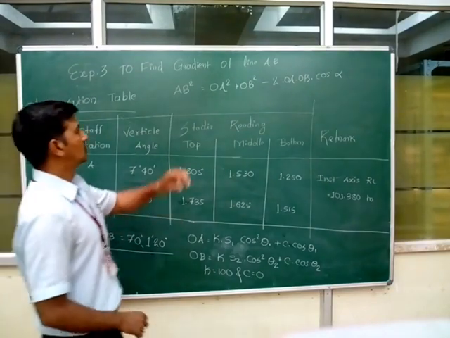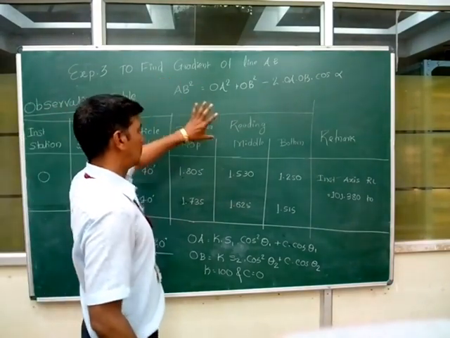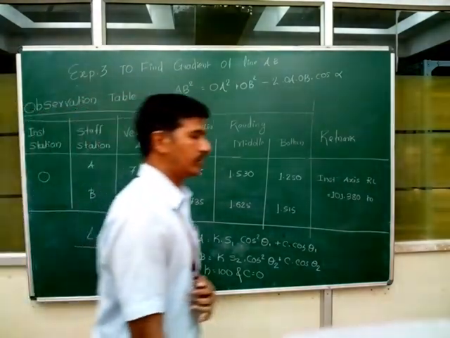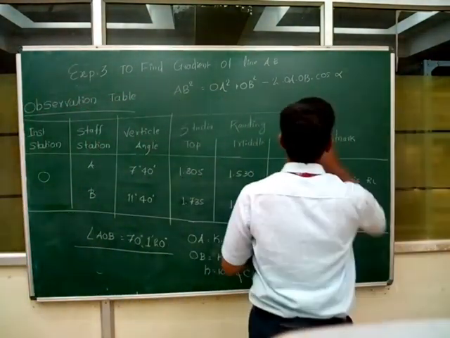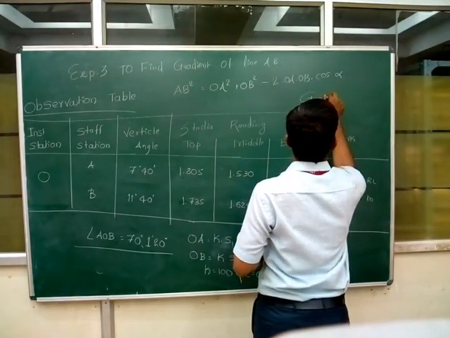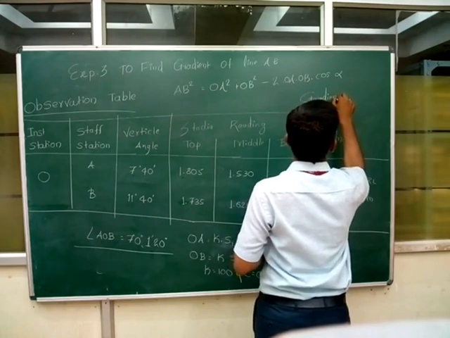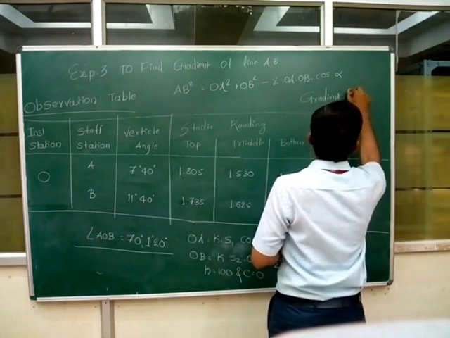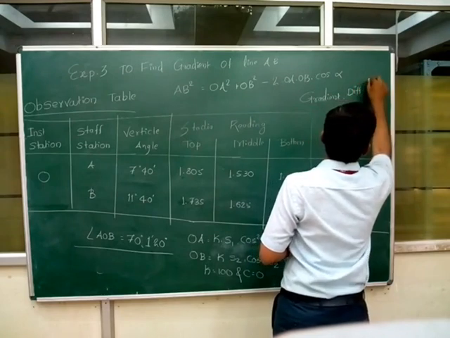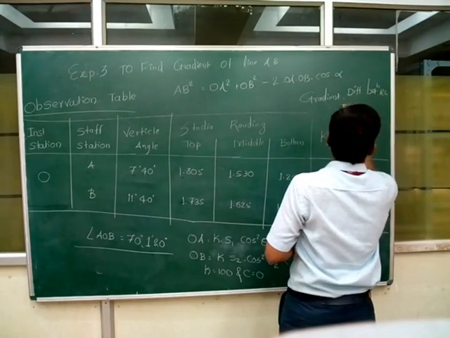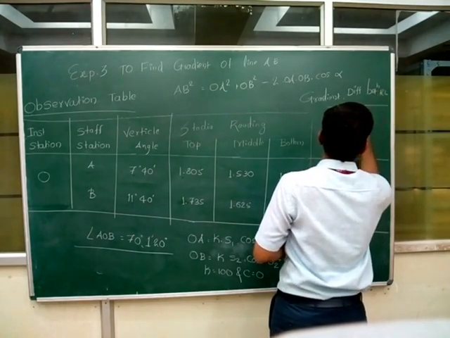Okay friends, so once we have got AB, our formula to calculate gradient will be the difference between RL divided by the distance AB.